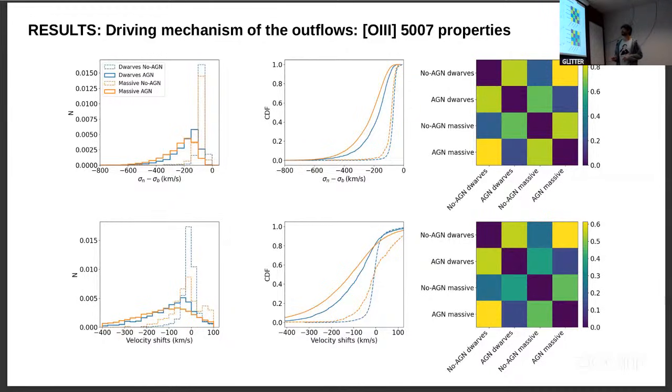In the cumulative distribution function and the KS metric, we can see that for the samples of AGN galaxies, massive and dwarf, the distribution is similar and different from that of the non-AGN massive and dwarf galaxies with outflow signatures. What does this mean? The AGN cannot be the driving mechanism behind the non-AGN galaxies because we don't have an AGN in these galaxies. So the driving mechanism should be different between the non-AGN and the AGN galaxies.